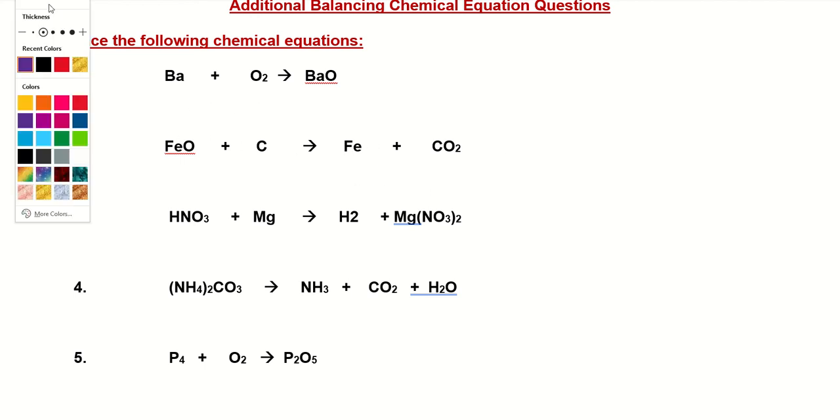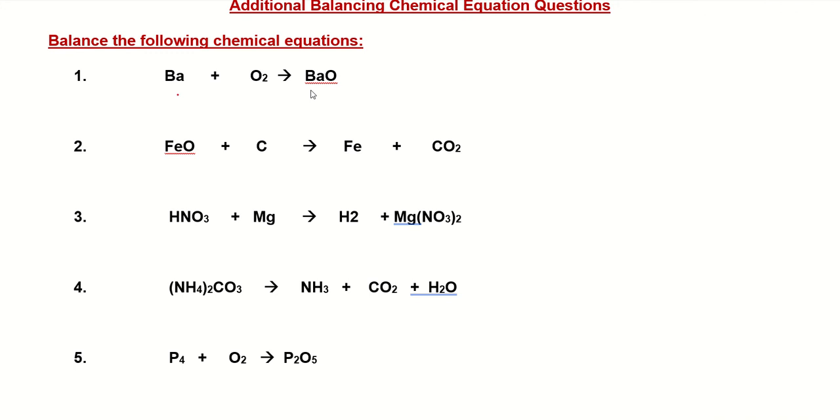Okay, so using the pen, we can see that on this side, and you can always draw out a table to help yourself. On the left hand side I have 1 barium, I have 2 oxygens. On this side I have 1 barium and 1 oxygen.